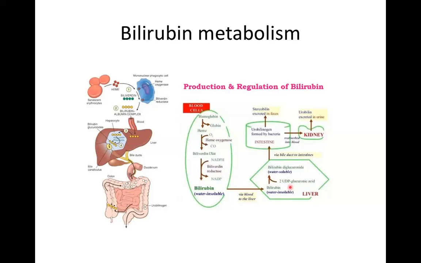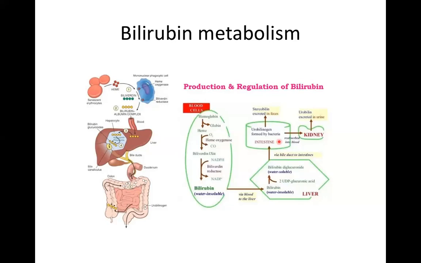This is catalyzed by an enzyme called UDP glucuronyl transferase, and basically the bilirubin is combined with glucuronic acid to give bilirubin diglucuronide, which is water soluble. Making it water soluble makes it easier for it to be combined in bile and excreted out into the intestine. Within the intestine, the bile performs an important function of micellization of the fats and helps in digestion.